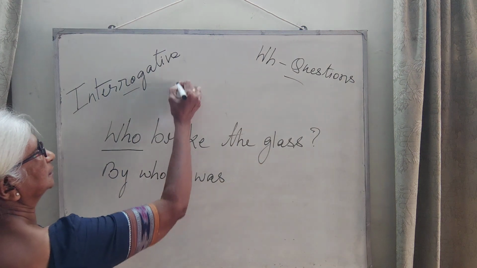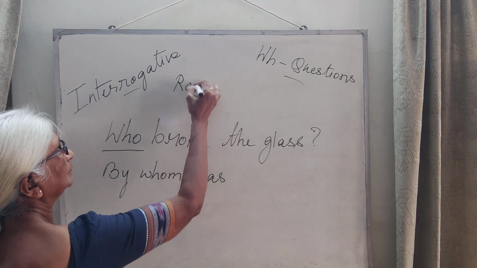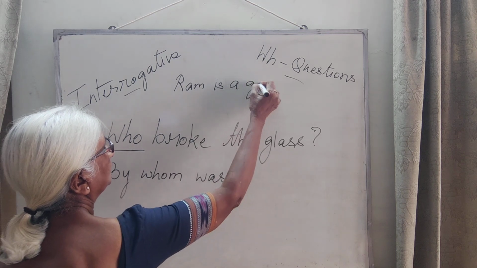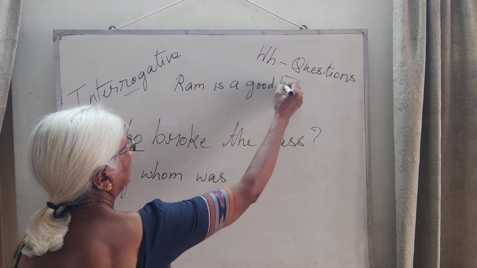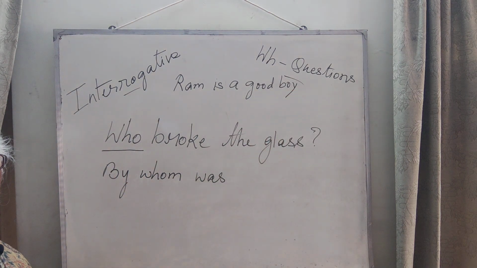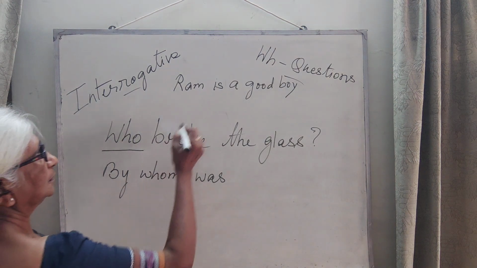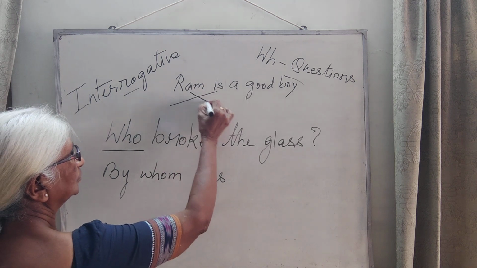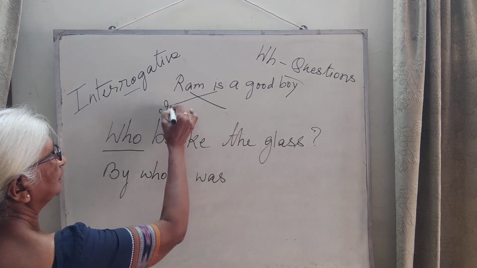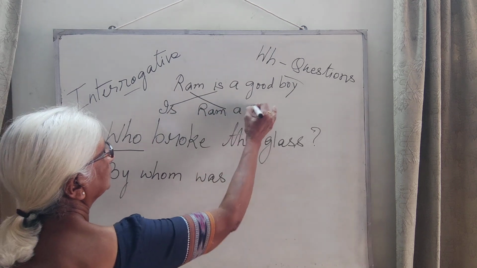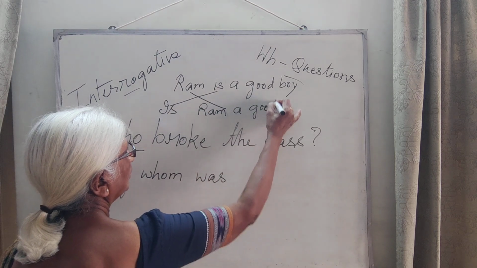Suppose we take this. Ram is a good boy. This is an assertive sentence. Fine. Now we are making it into a question. Then what happens? Is comes as a question word and the subject goes back. So, is Ram a good boy?